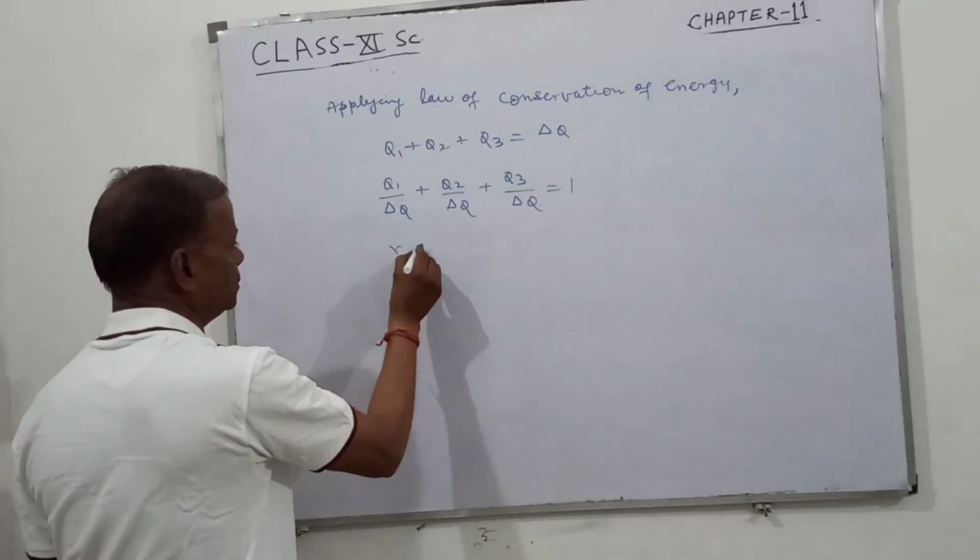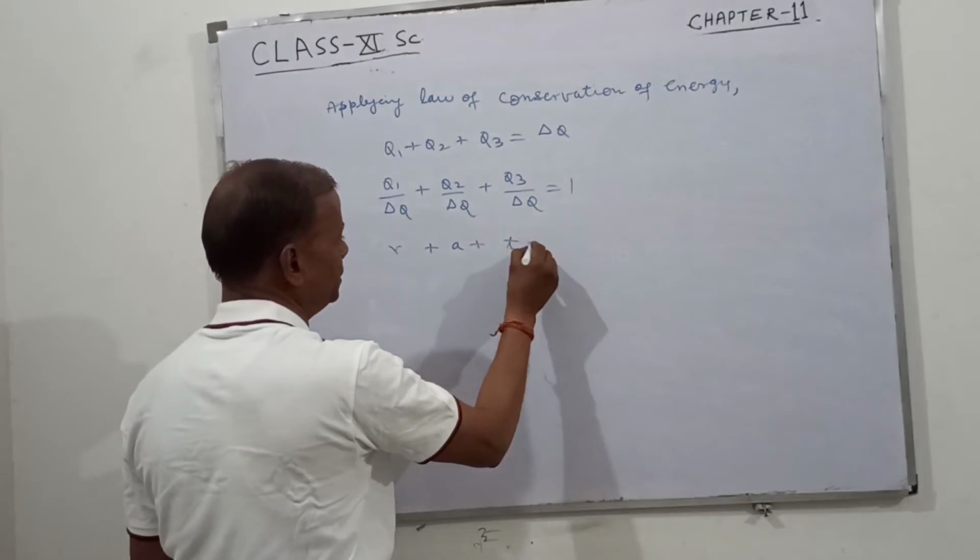This is called R, this is called A, this is called T, equal to 1.